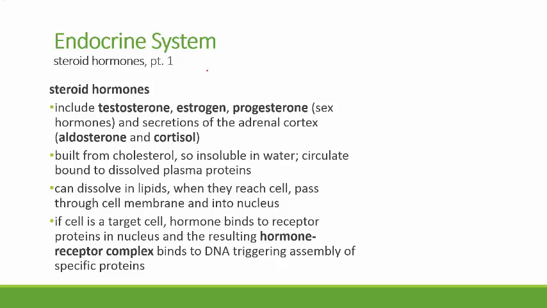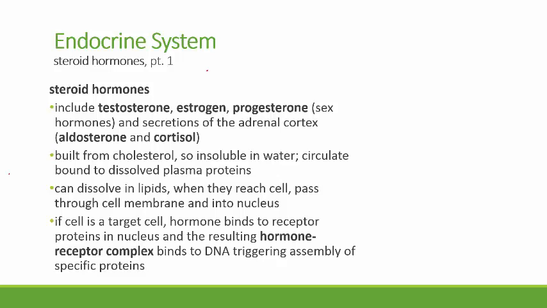If the cell is the target cell, then yahoo. If the cell's not a target cell, well then that's just a wasted bit of hormone. But if the cell is a target cell, then the hormone will bind the receptor found there inside the nucleus, and it produces the structure we refer to as the hormone receptor complex, because it's a complex molecule that has the ability to recognize and respond to a hormone when it binds.